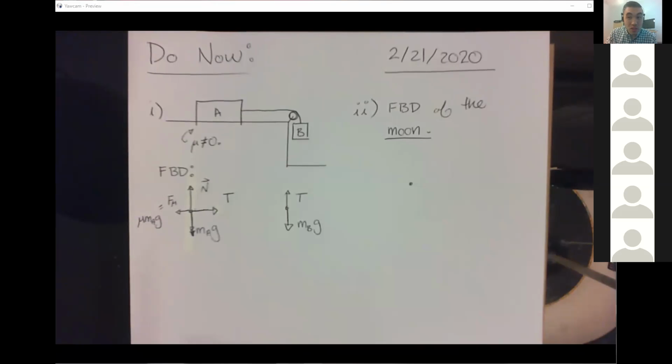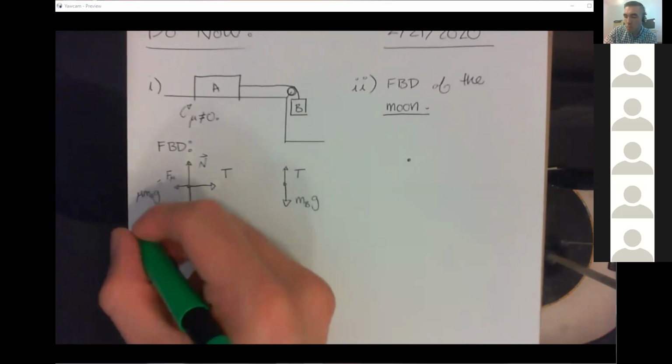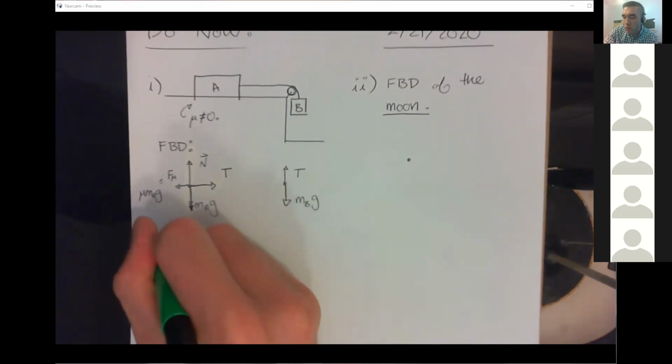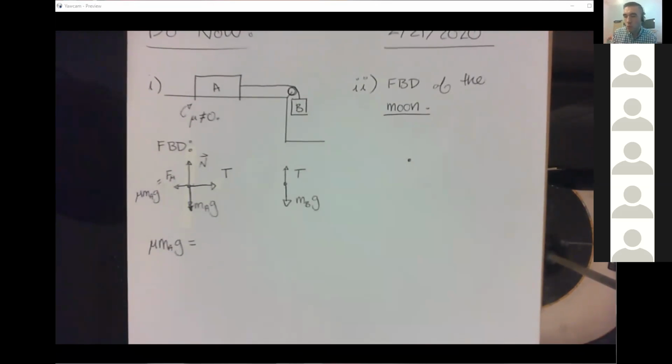If nothing moves, there still is friction, and that is actually exactly what would stop everything from moving. So if there was enough frictional force, which is to say, if the friction on block A was big enough, if mu, mass of A, G, was equal to what? What would be driving the system to the right?